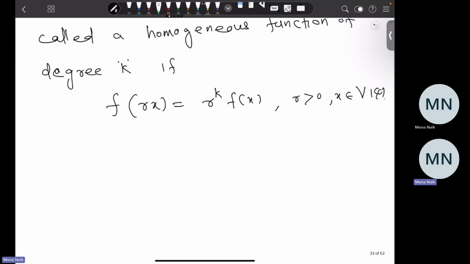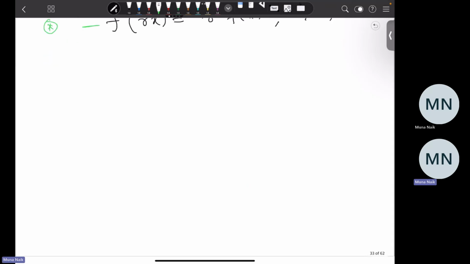Because of this condition, say star, a homogeneous function is completely determined by its value on the unit sphere. If S^0 is the set of x belonging to B such that norm of x is equal to 1, this is the unit sphere with radius 1 and center at 0.